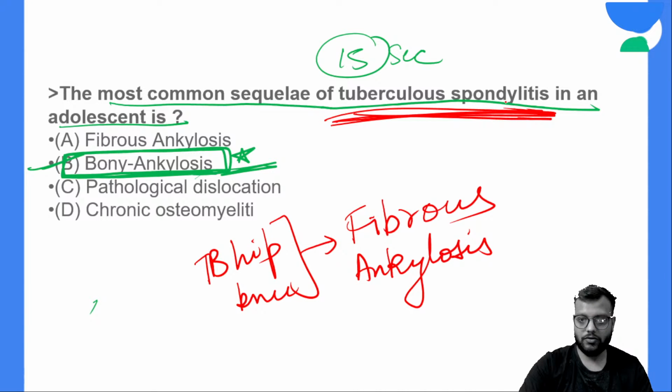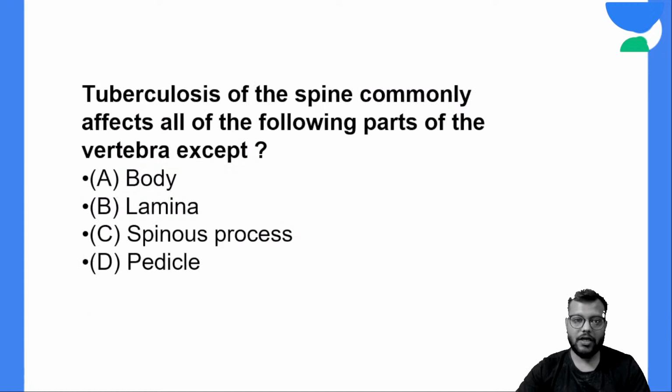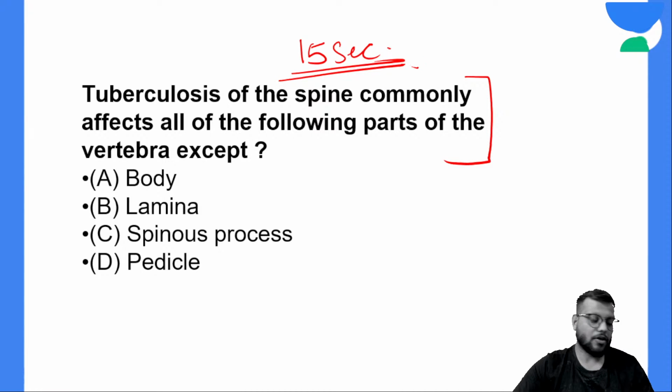Okay, now tuberculosis of the spine commonly affects all of the following parts of the vertebra except. Very good question. I'll give you 15 seconds for this. Here are your 15 seconds.